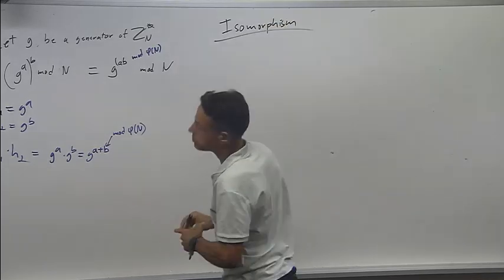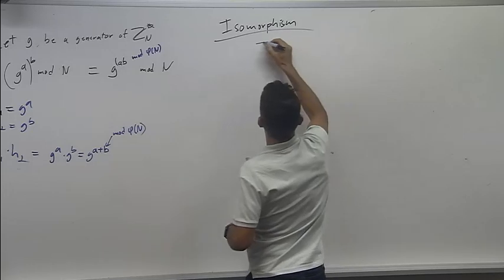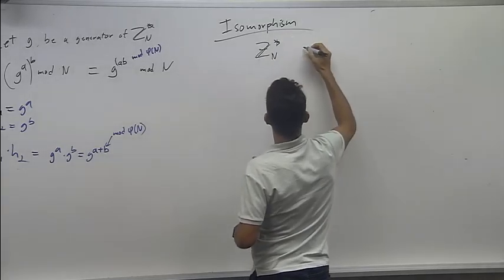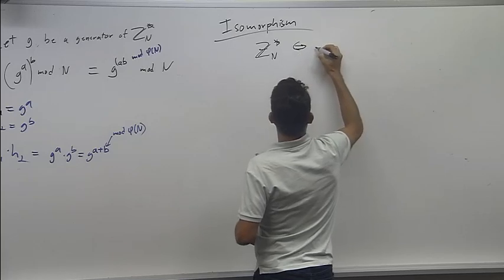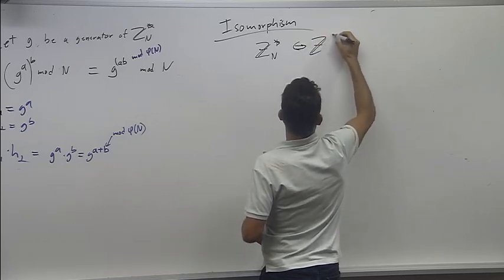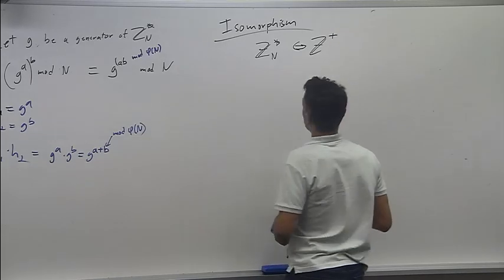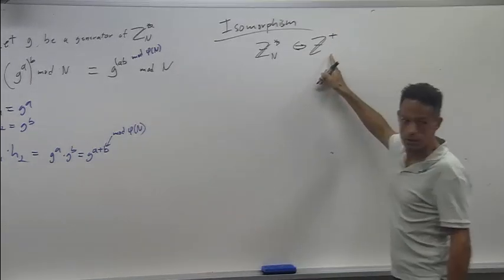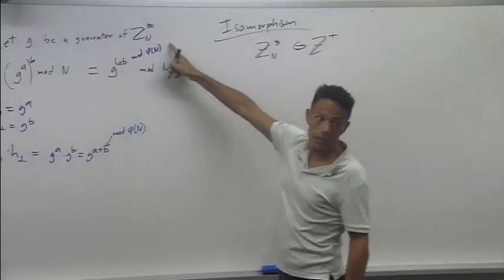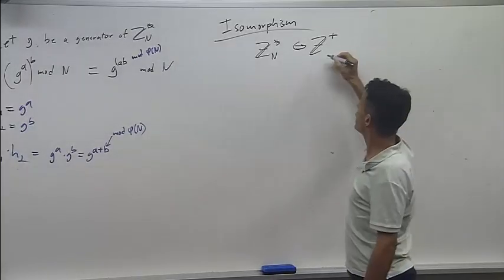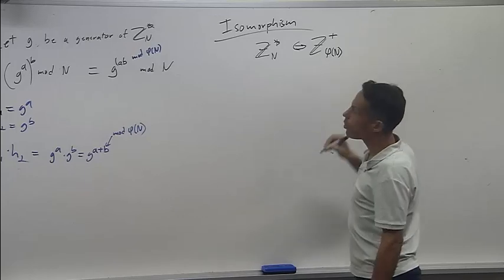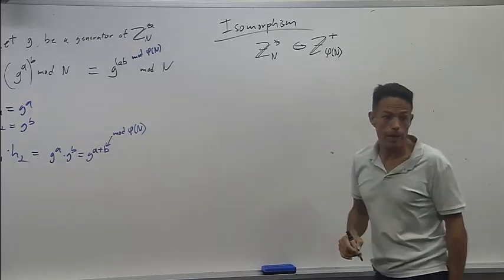There's an isomorphism between Zn star and Z plus, but it's not n, it's phi of n. Very important. The order of your group, whatever that group happens to be.